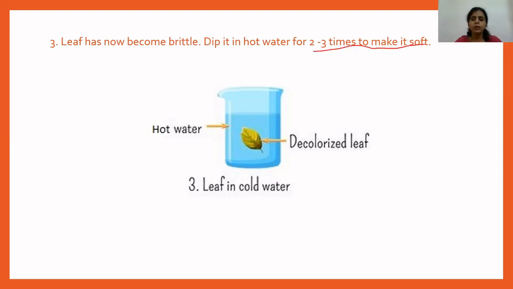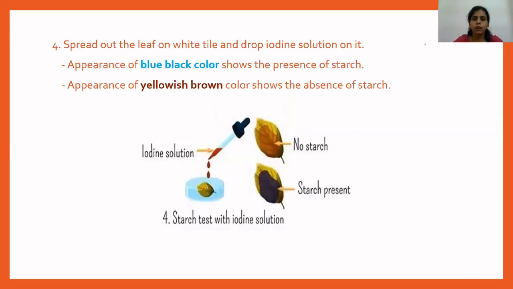You can pick the leaf using forceps and dip it in the water and take it out. Once you dip the boiled leaf into the hot water 2-3 times, the leaf will again become soft. Now you can spread this leaf out on the white tile and drop iodine solution on it.